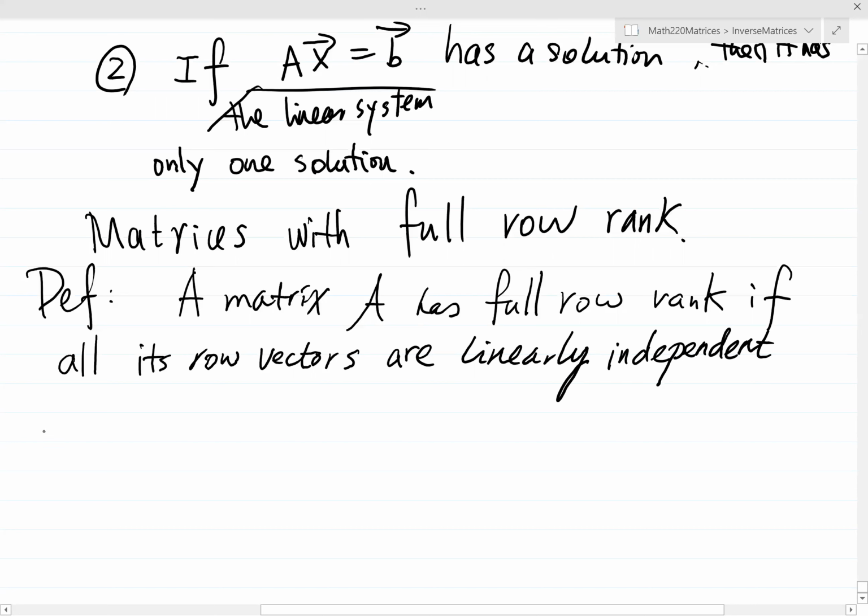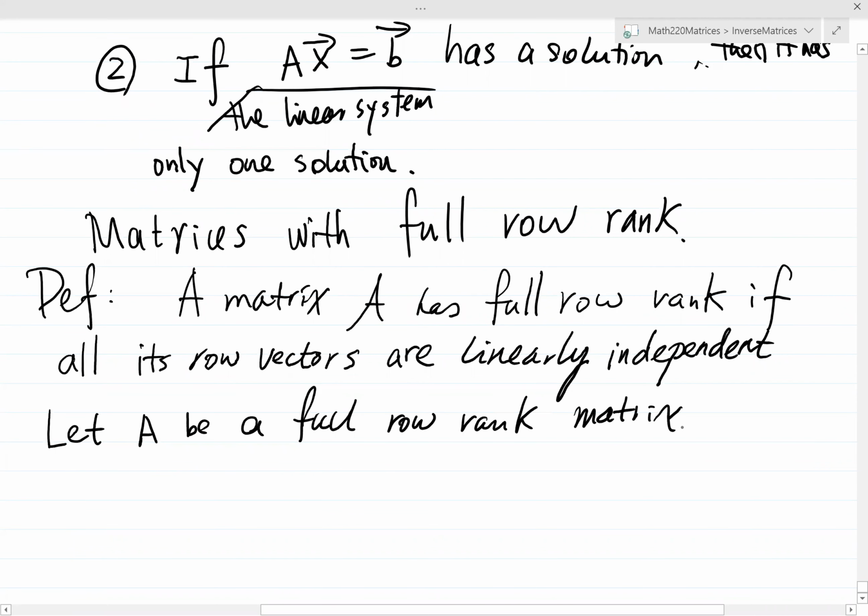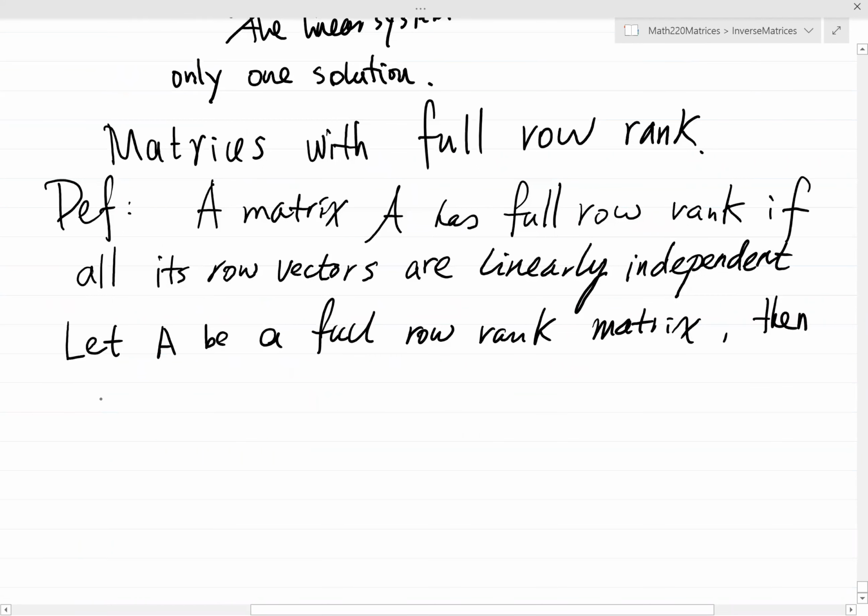Suppose A is a matrix. Now let A be a full row rank matrix. Then we study certain properties of A. First of all, none of the row vectors is the zero vector, because the zero vector is linearly dependent on any other vector.